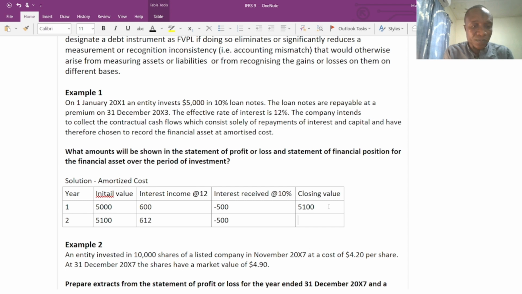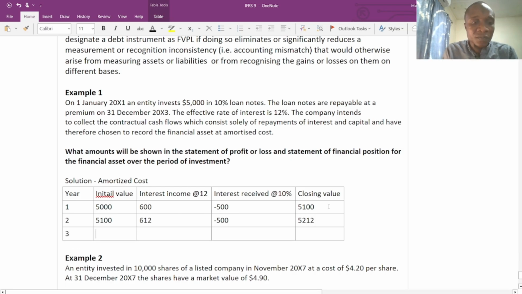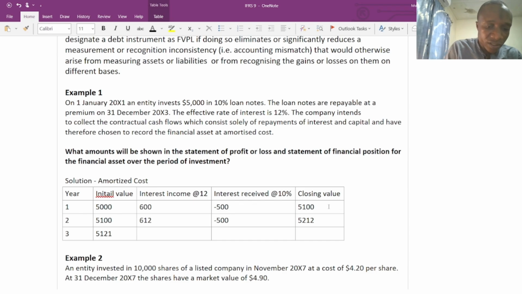And 5,100 plus 612 minus 500 will give us 5,212. Then year three, 5,212 multiplied by 0.12 will give us 625.44.